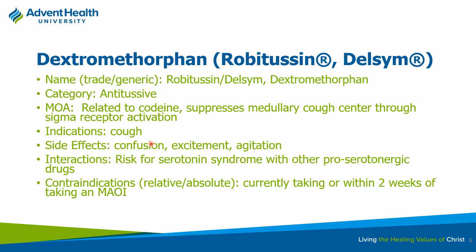Is it possibly because the dextromethorphan is not working on the stretch receptors, so it still stimulates you to cough? Not necessarily. Because this is working kind of higher up, right? So even if you did have stimulation of those receptors, the dextromethorphan is still blunting that.